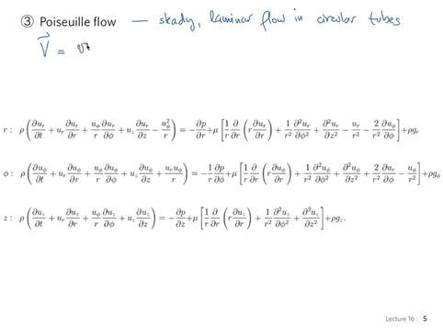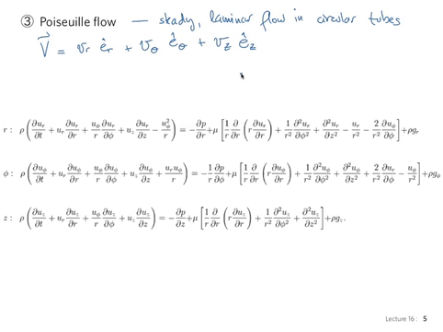So we have Vr times the unit vector in the radial direction, plus V theta times the unit vector in the theta direction, plus Vz times a unit vector in the z direction, which would be equivalent to our unit vector k.